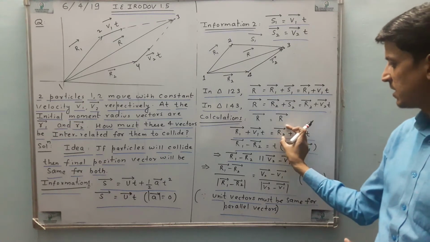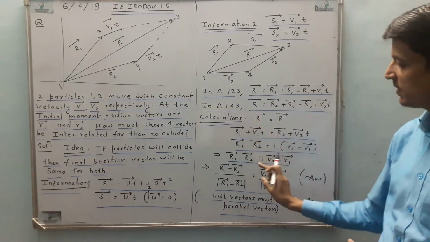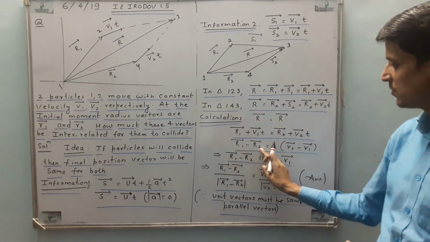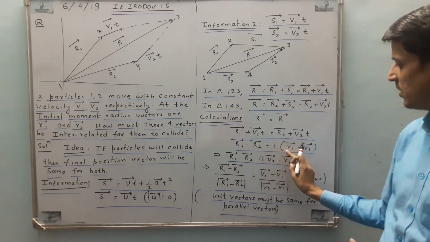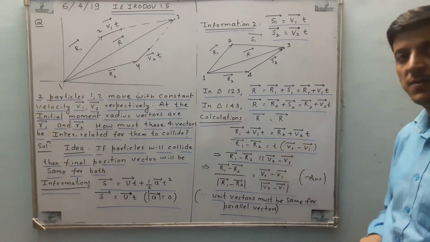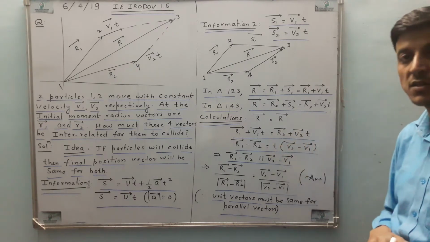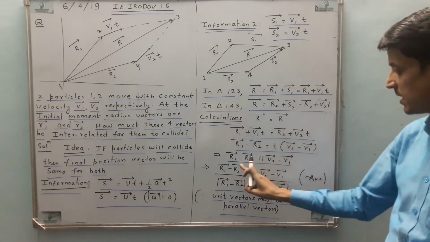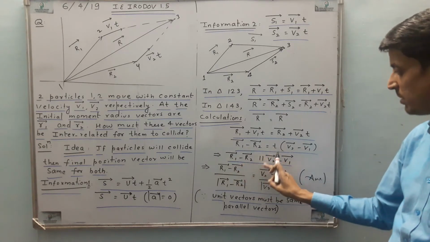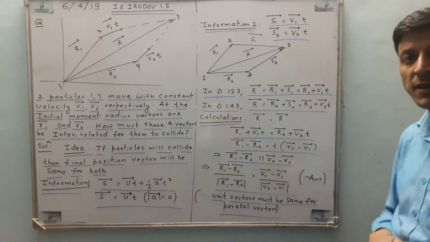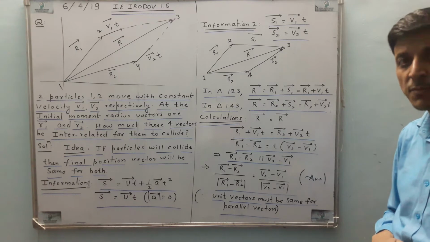Taking r2 to the other side, we have r1 minus r2 equal to t times (v2 minus v1). Because t is a positive scalar, we can say for sure that r1 minus r2 will be parallel to v2 minus v1.